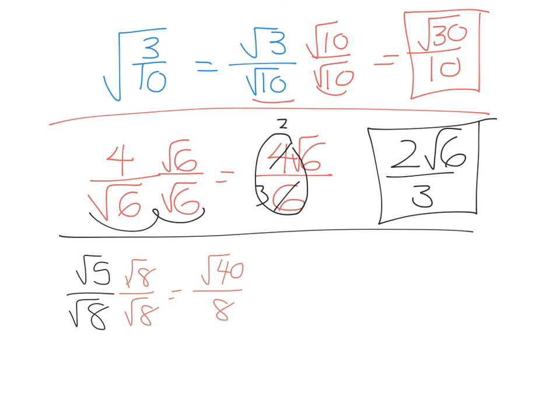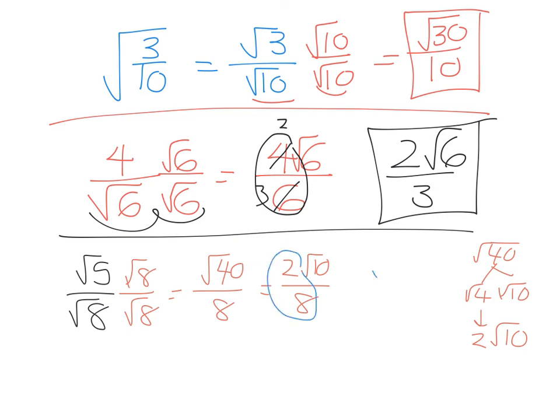We can break down rad 40 to radical 4 times radical 10, which gives just plain 2 times radical 10. I now write 2 rad 10 over 8, and then I simplify 2 over 8 and get rad 10 over just plain 4. And that's that answer.